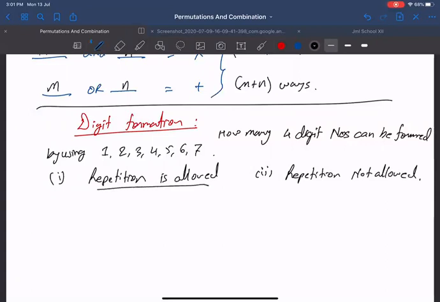Repetition is allowed is my pure logic sum. Repetition is not allowed is my permutation sum. I am going to do this with the formula later on, but for now I can tell you that without formula this can be handled. Low level of sums can be handled without the formula also.